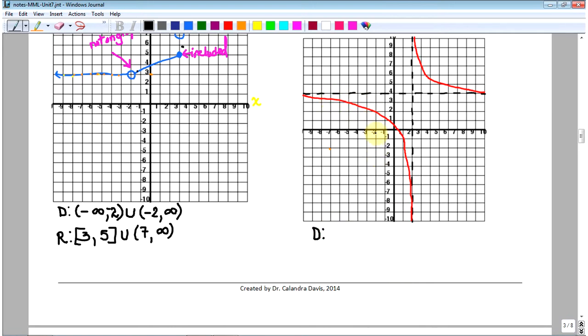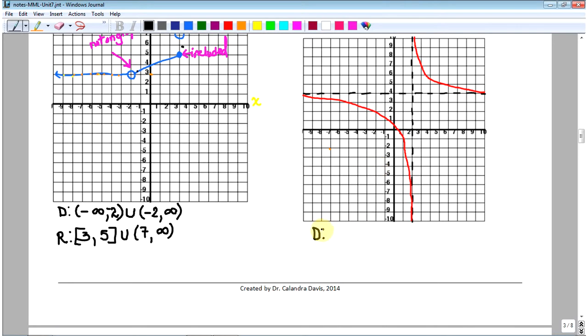So we're still going to examine it the same way. Looking at my x values starting in the negative direction, I see that all of these x values have a corresponding point on the graph until I get to an x value of 2. This graph gets closer and closer to that asymptote at 2, but it never crosses it.